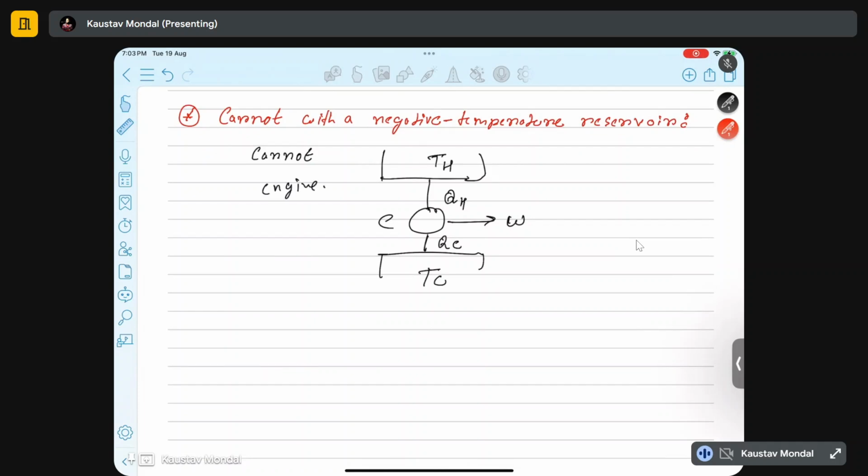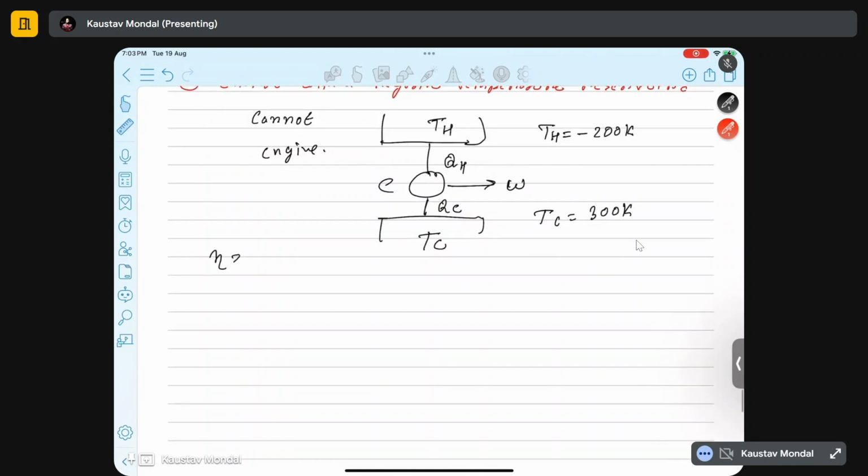Now here, instead of the hot water bath, let's take TH equal to something like minus 200 Kelvin, and T cold is 300 Kelvin. Okay. Now what will happen? The expression of eta we know.